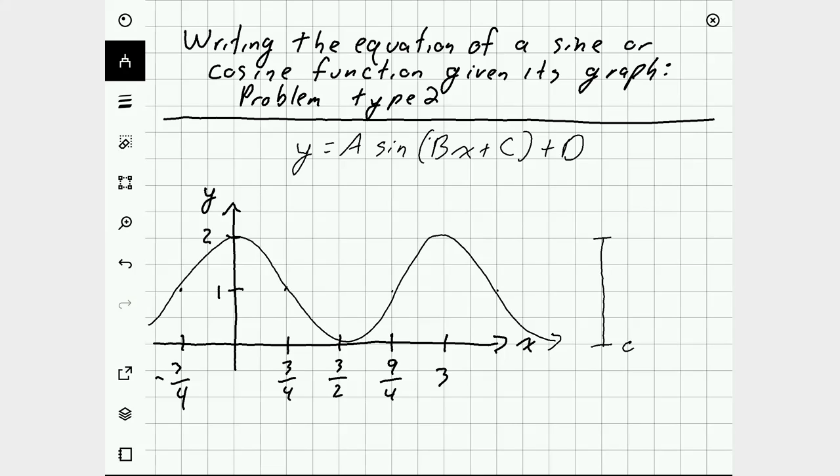At the bottom, we are at 0. At the top, we are at 2. Right in the middle is, of course, 1, and that's going to be my vertical shift. That's going to be my value of D.